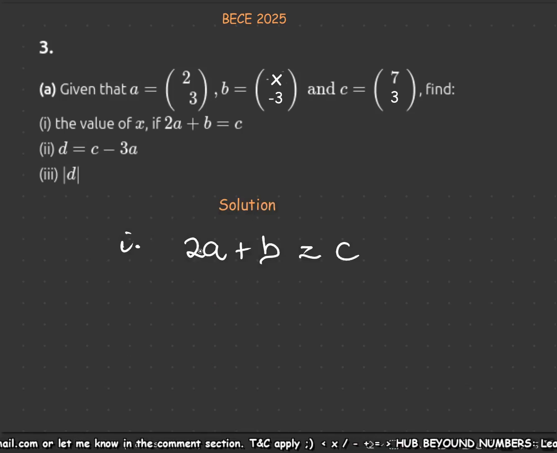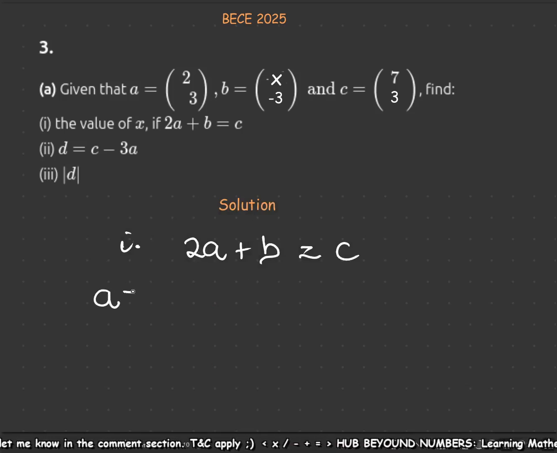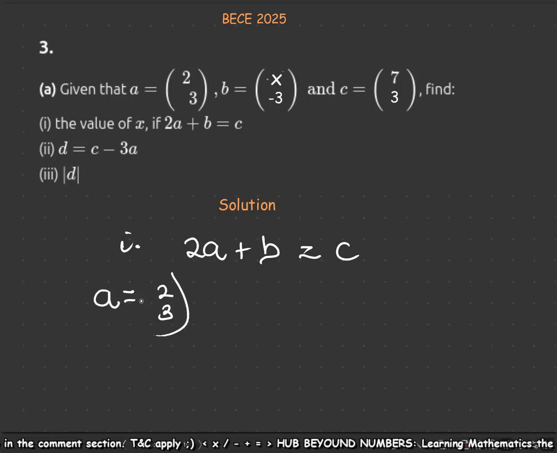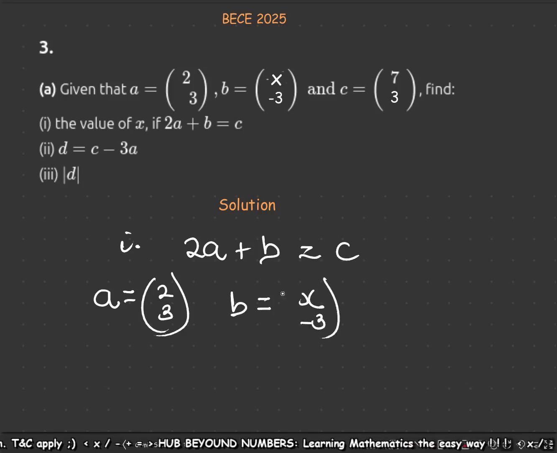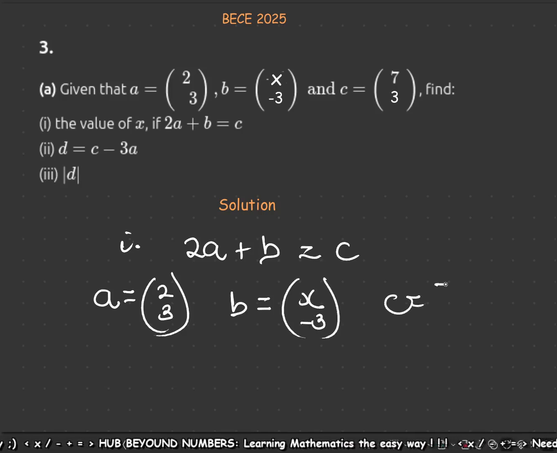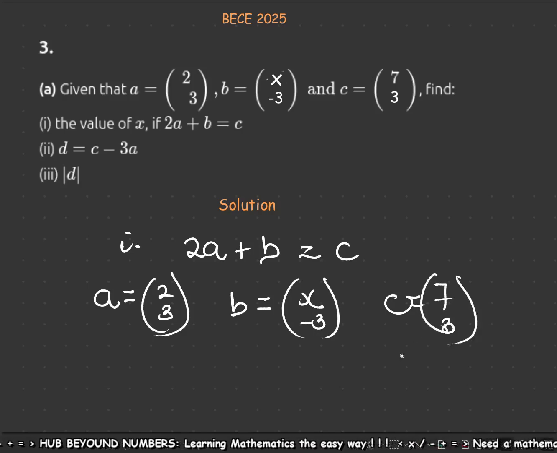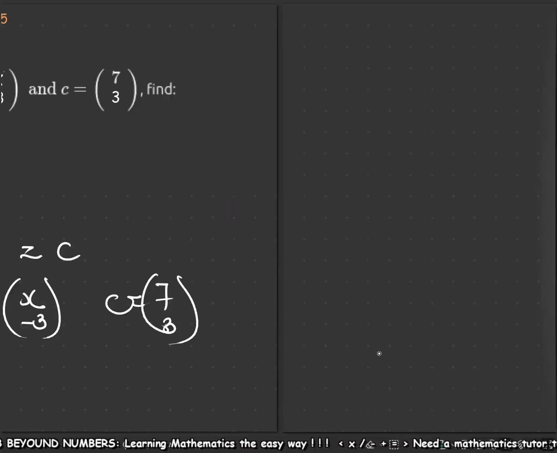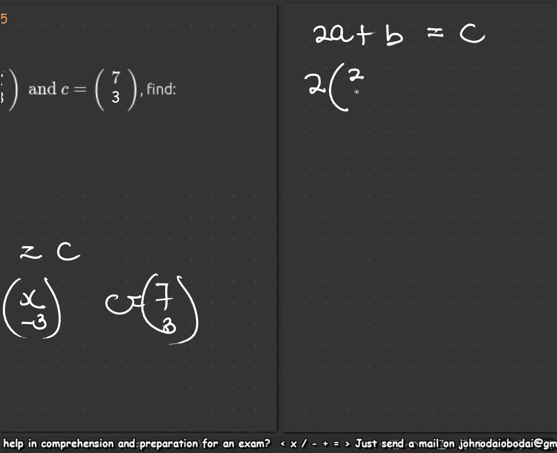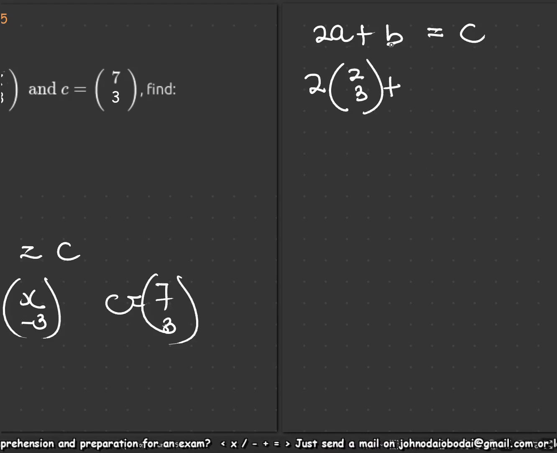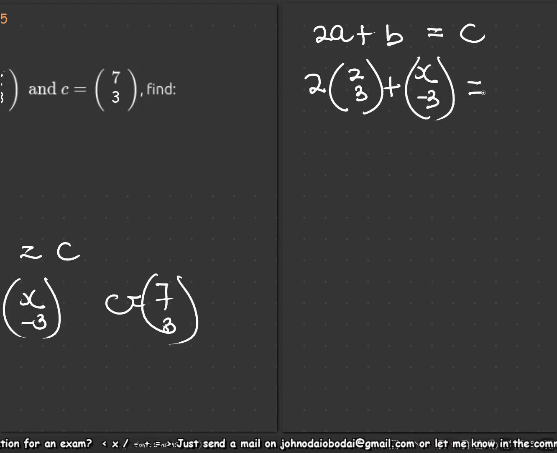We know our a is equal to (2, 3), our b is (x, negative 3), and our c is (7, 3). So doing our substitution, we have 2 into bracket (2, 3), plus (x, negative 3), is equal to (7, 3).